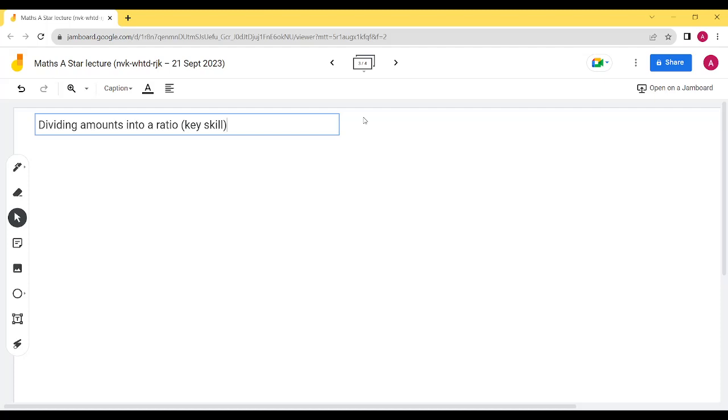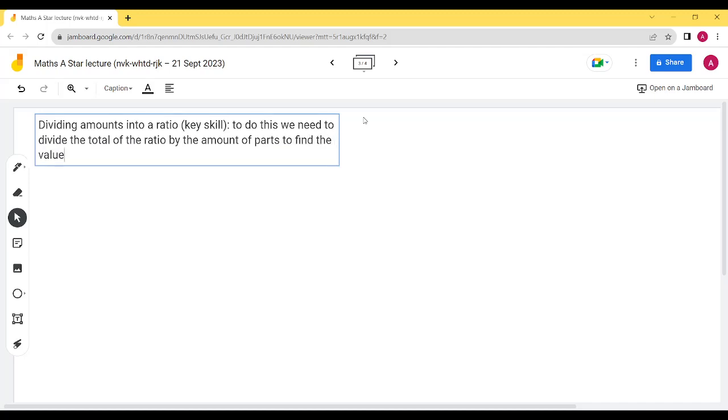And so to do this, we need to divide the total of the ratio by the amount of parts to find the value of one part.